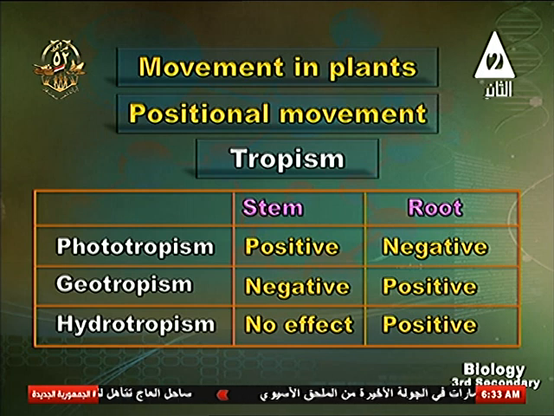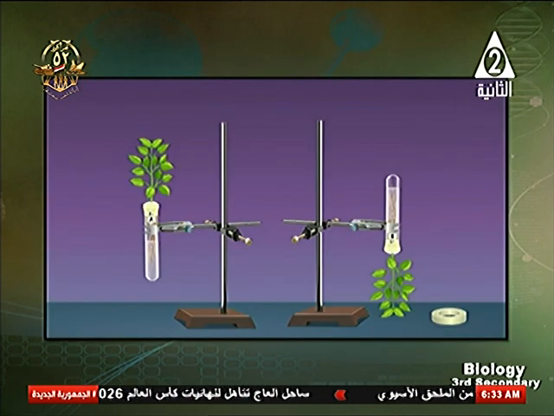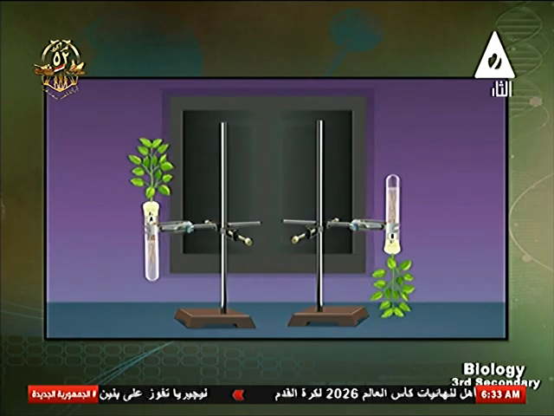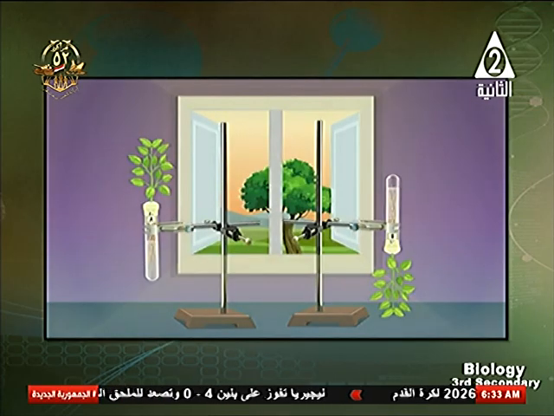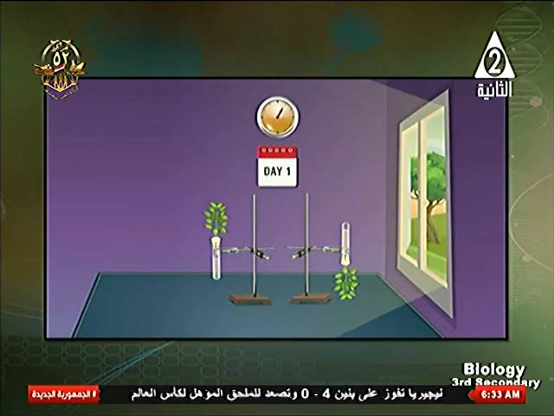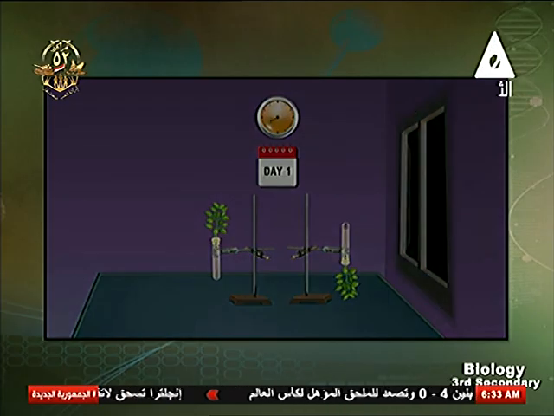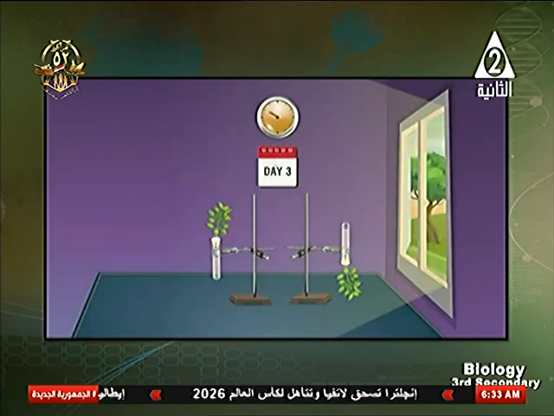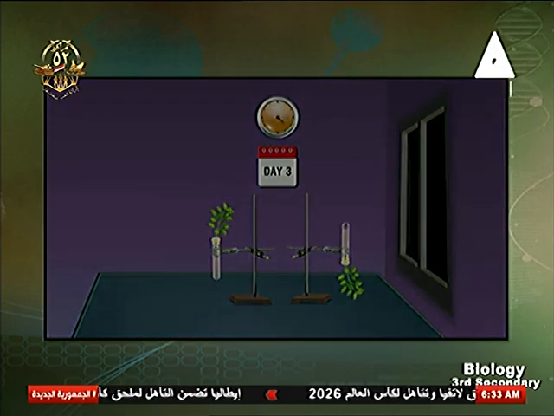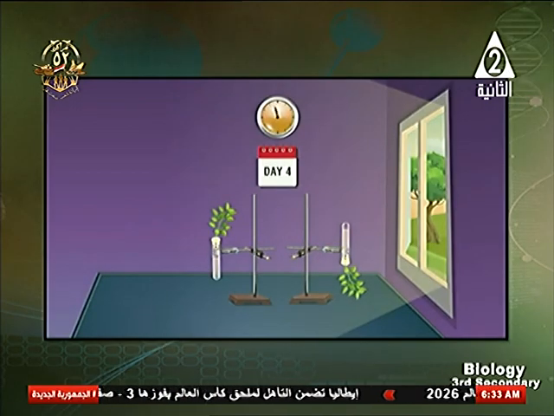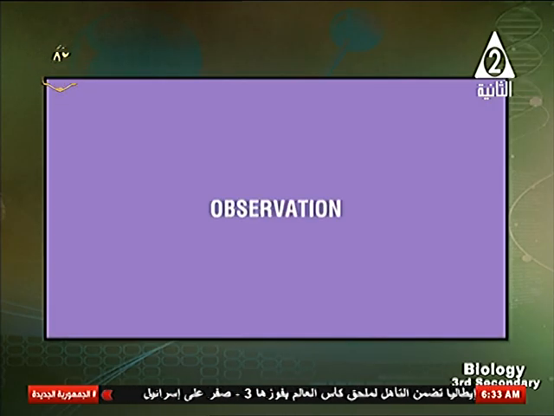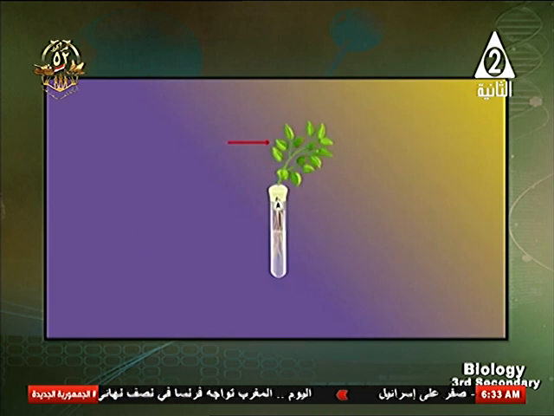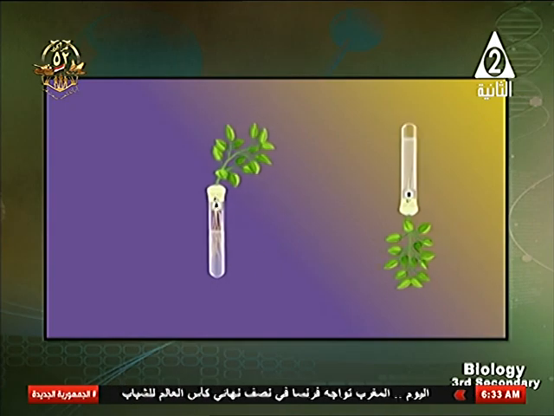Okay, before seeing another type of movement, let's see this video which explains and differentiates between different types of tropism. This is day one. See the difference between 2 plants, one upward and the other downward. Look, the stem bends toward the light and up.